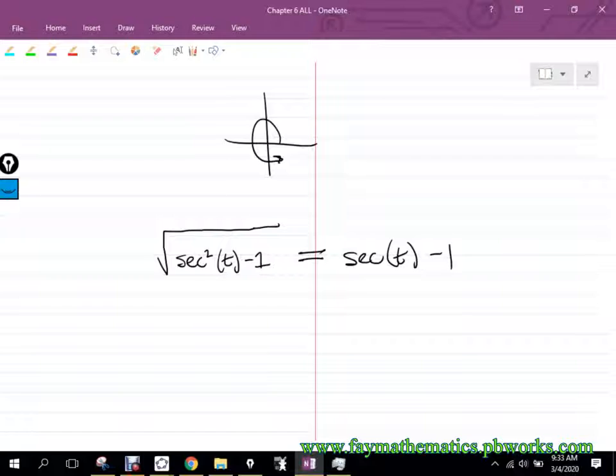Try it. But I can. Give me a number. 9. Well, give me a number that's not a perfect square. 7. So you're saying if that wasn't a minus 1, let's say it was a 7.